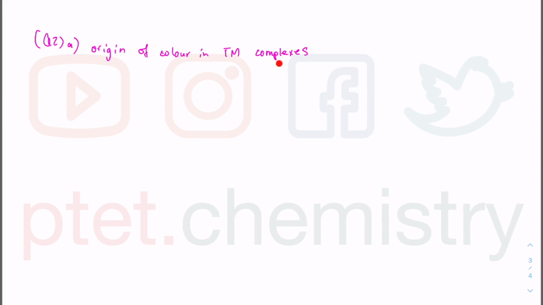In this particular question, chromium complexes are colored because chromium belongs to transition metals, as chromium has partially filled d orbitals.